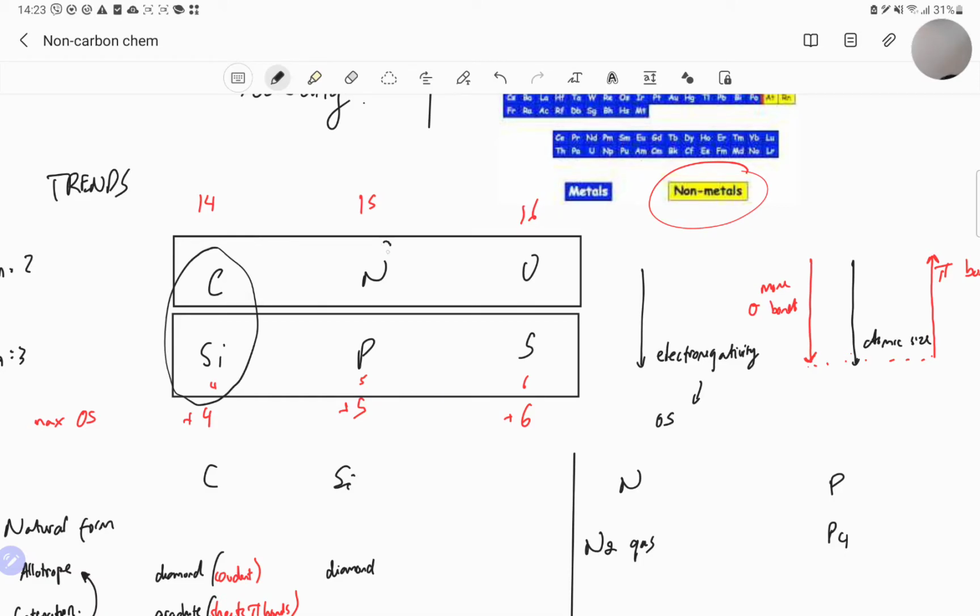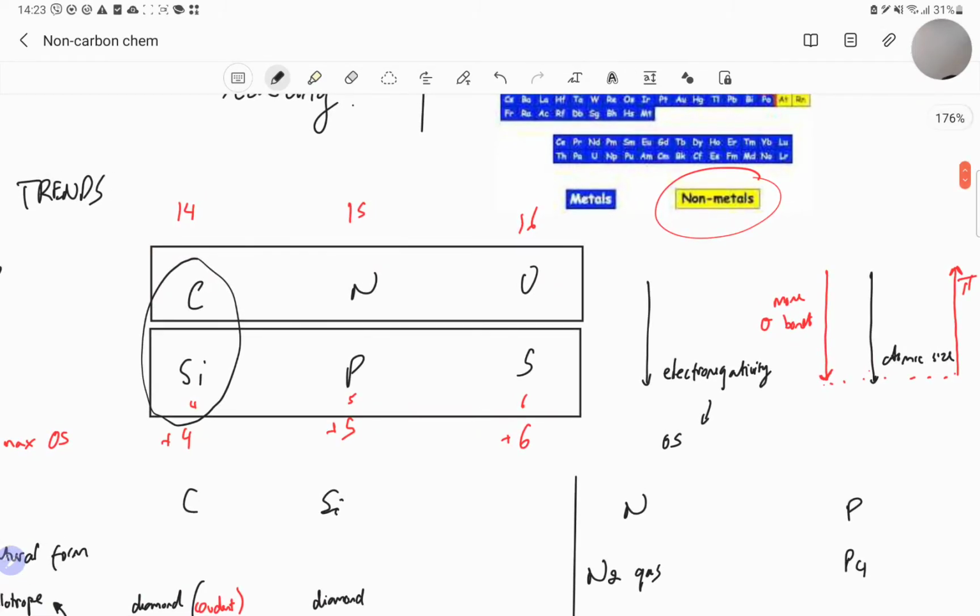But for N and P, not only can they be positively charged when hanging out with a more electronegative atom such as oxygen, I think mainly oxygen. If they're hanging out with hydrogen or something that is less electronegative, they will carry a negative charge. So things like ammonia.